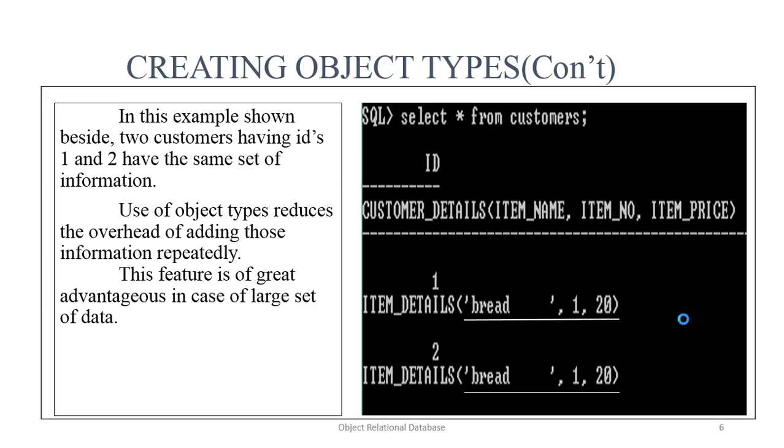In this example, two customers having IDs 1 and 2 have the same set of information. Use of object types reduces the overhead of adding that information repeatedly. This feature is of great advantage in case of large sets of data.